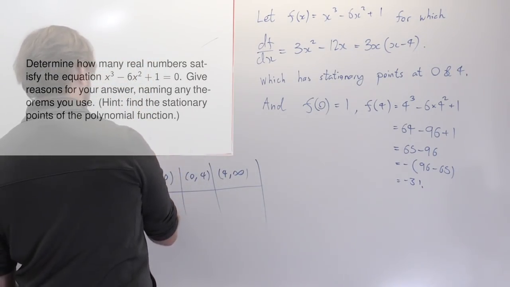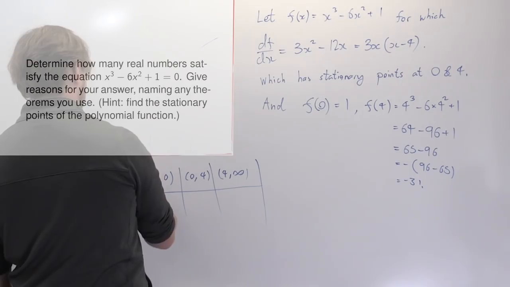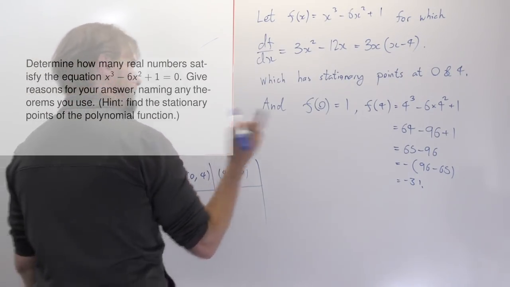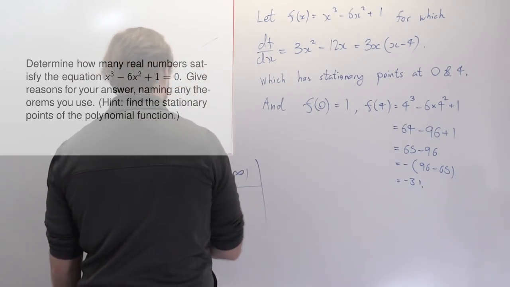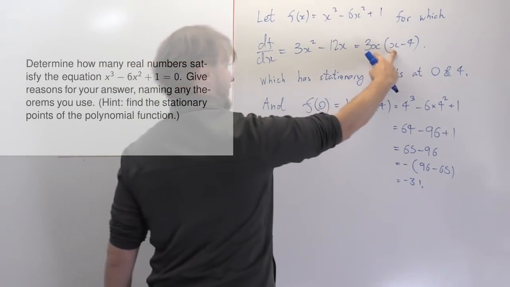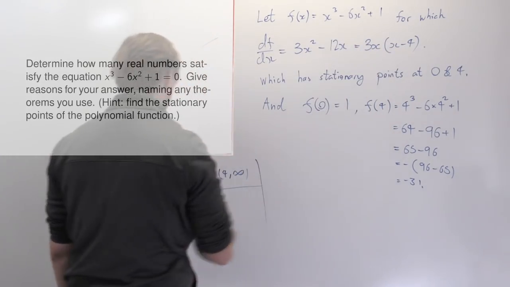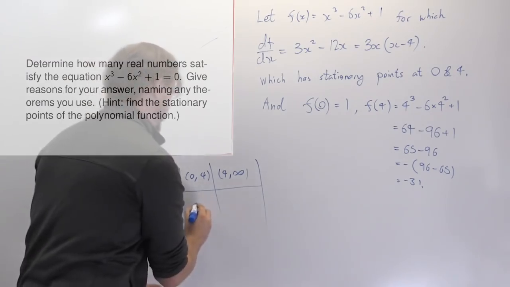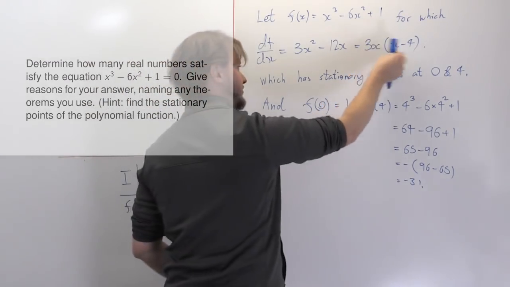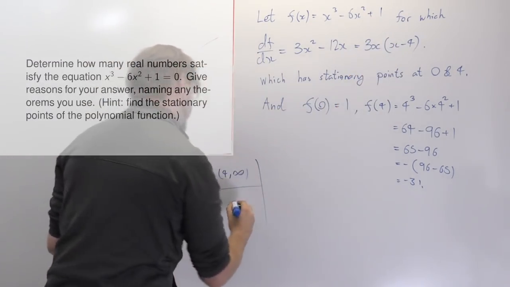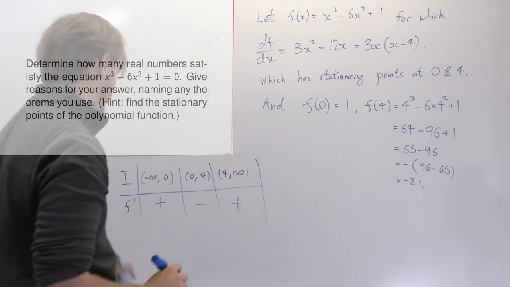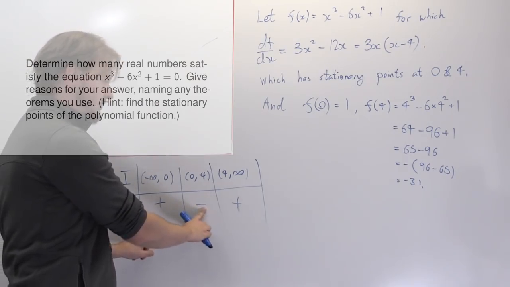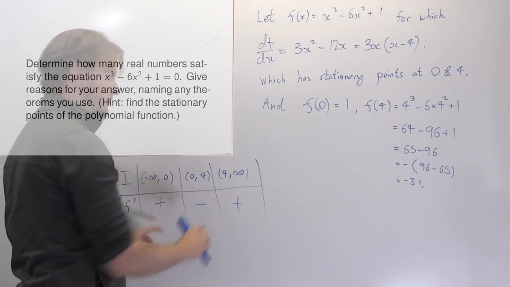These are just some intervals, and I want to look at the derivative over them. You can see that it's a positive derivative for large negative numbers. It's a negative derivative in the range where one factor is positive and the other is negative, and then when they're both positive, you get a positive derivative. So it's always increasing on this interval, always decreasing on this interval, and always increasing on this interval.